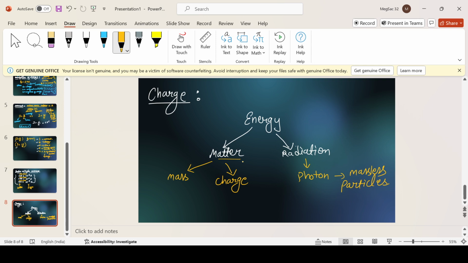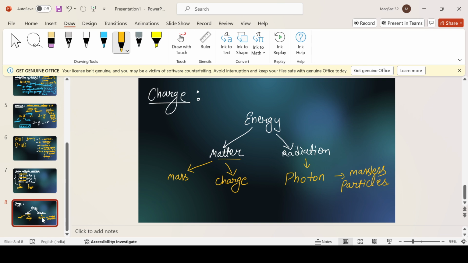Is it proton or photon? It's a photon. So now matter has been classified as mass and charge.